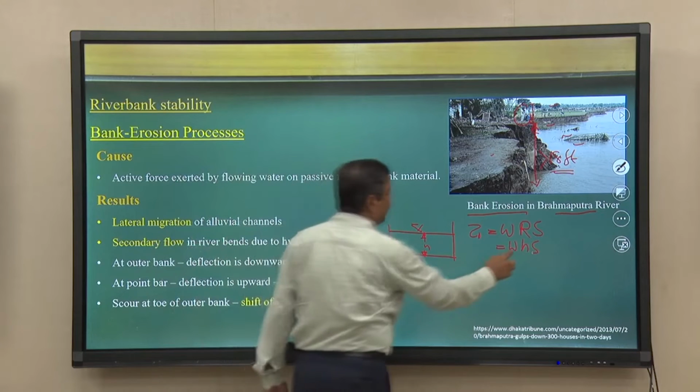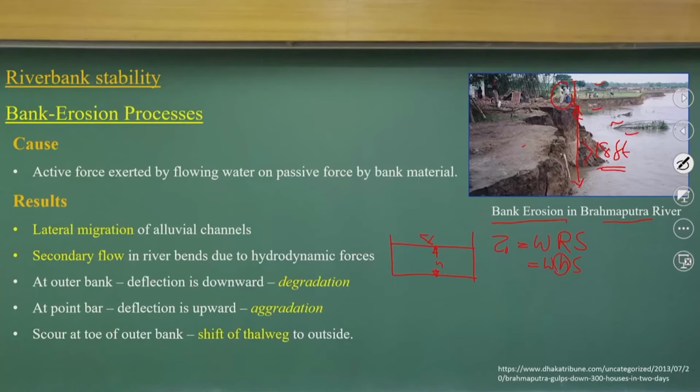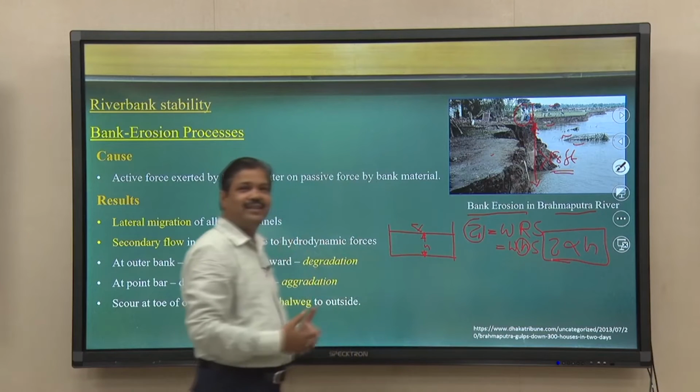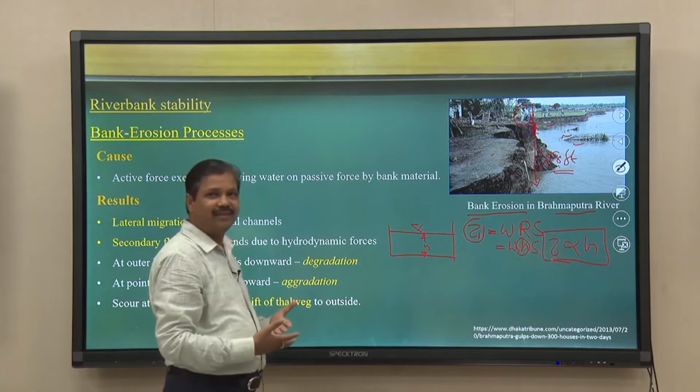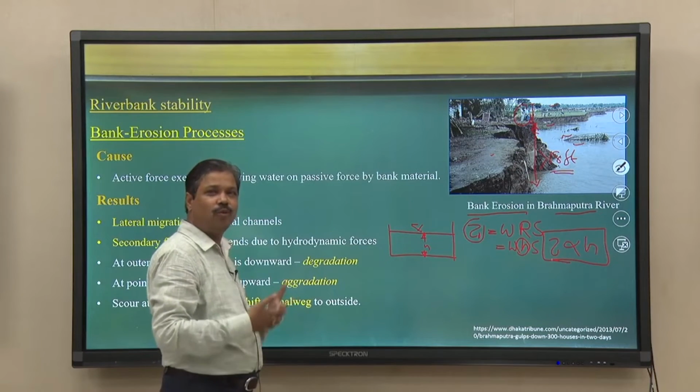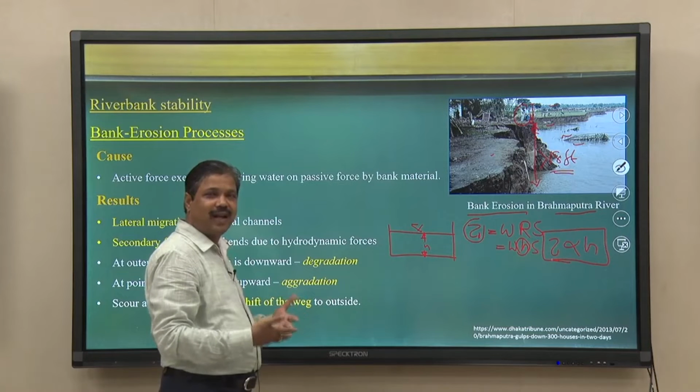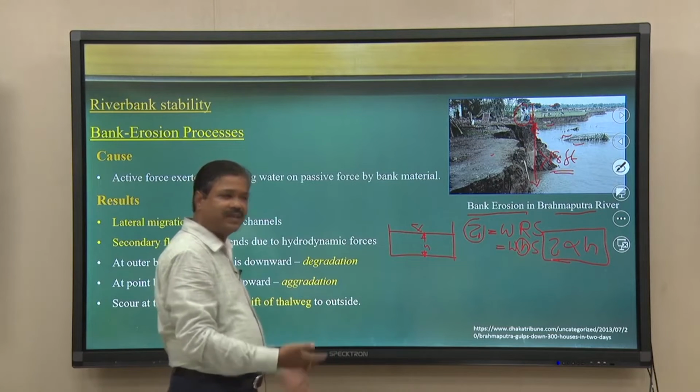So as H varies, the shear stress increases. That is the proportionality. We can say the shear stress acting on the bed is proportional to the flow depth. The higher the flow depth, the more the shear stress acting on the bed, or average shear stress.